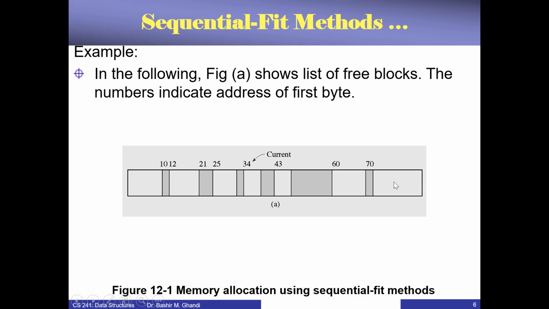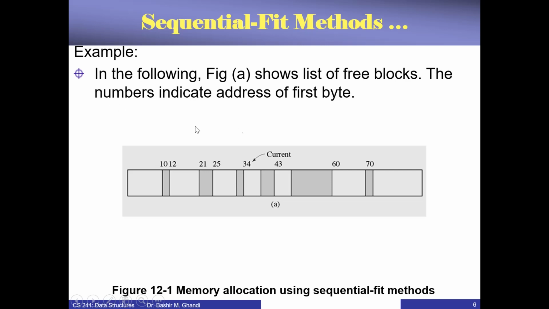And this is the largest block. From 70, we don't know exactly to where, but by looking we can see that it is clearly larger than any other free blocks that we can see. Suppose a memory manager is maintaining these free blocks.